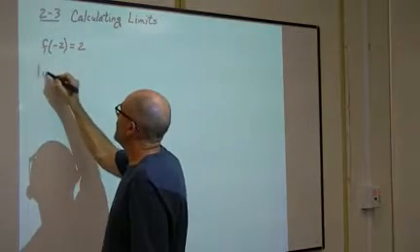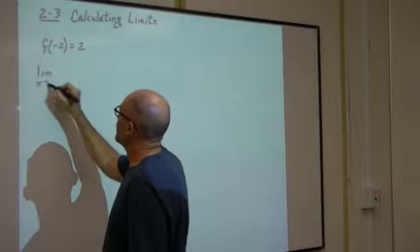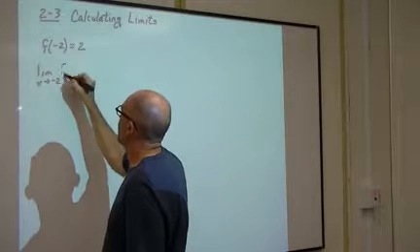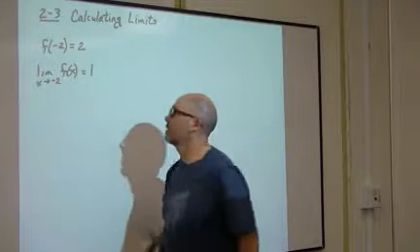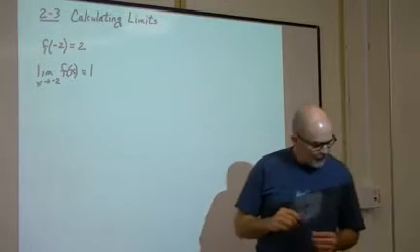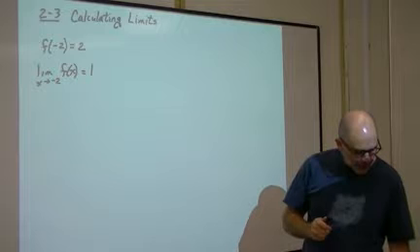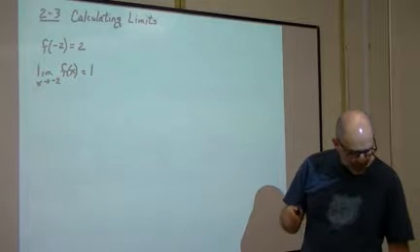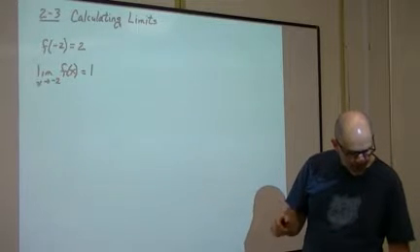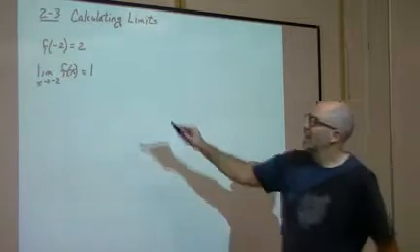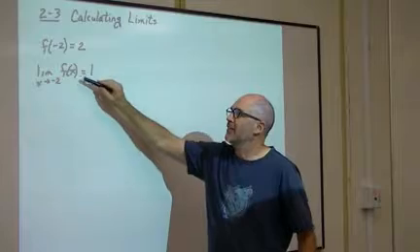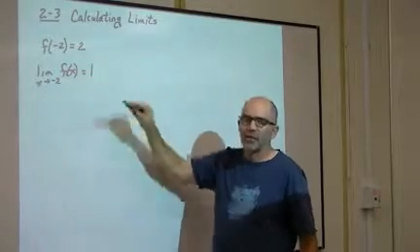But the limit as x approaches negative 2 of f of x equals 1. Okay, so if you trace that function from the left, it's approaching 1. You trace it from the right, it's approaching 1. Now at x equals negative 2, it equals 2. But that doesn't have anything to do with the value of the limit.